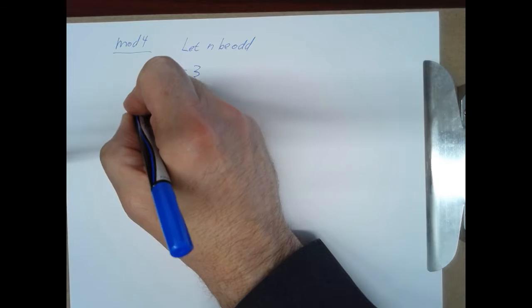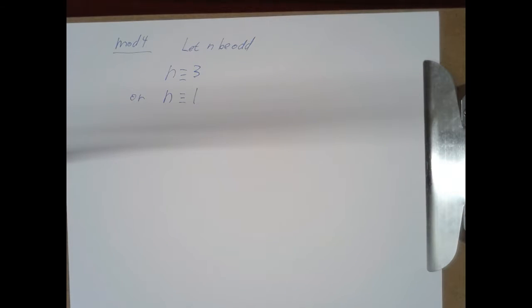Could be congruent to 1, right? 1 is an odd number, and 1 is congruent to 1. Could it be congruent to 0? Can a multiple of 4 ever be odd? 4 itself is even, and an even number multiplied by anything is even.